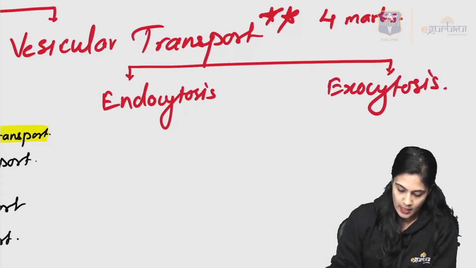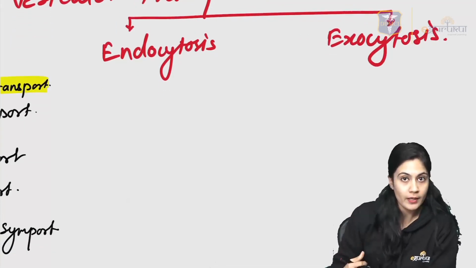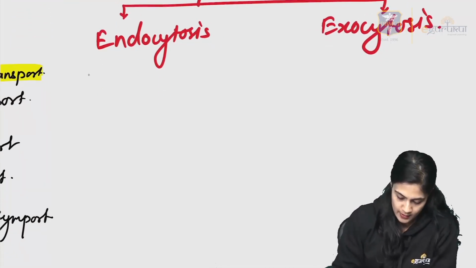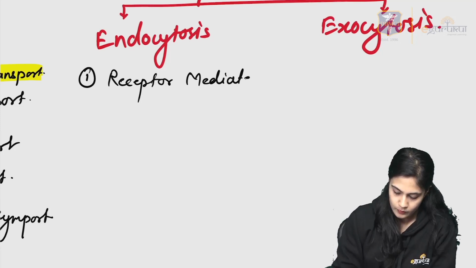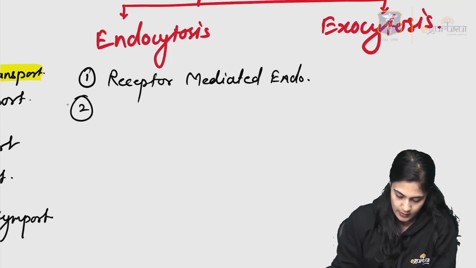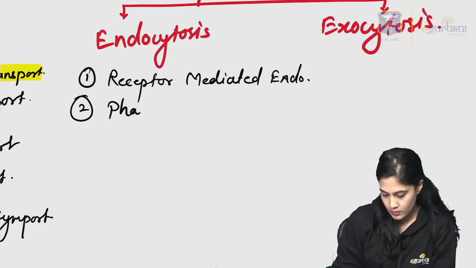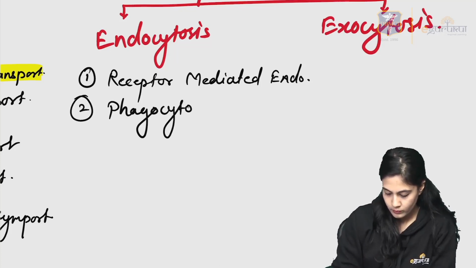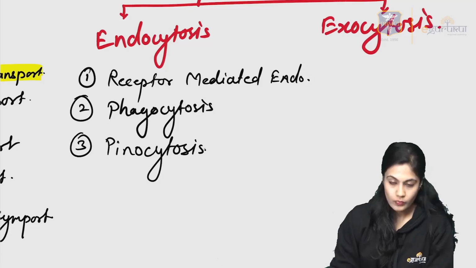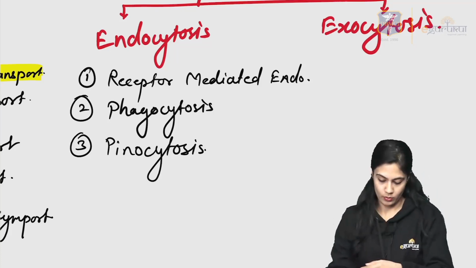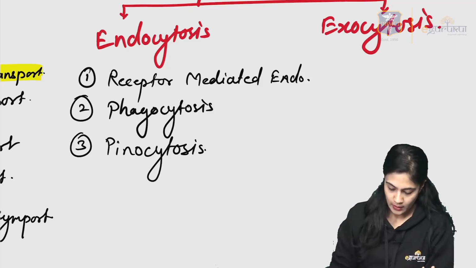Not only this, endocytosis is again subdivided into 3 subtypes: first, receptor-mediated endocytosis, then second, phagocytosis, and third, pinocytosis. We will discuss that in a bit.